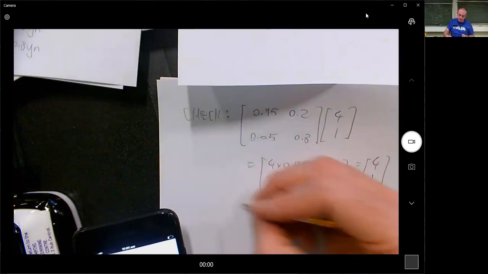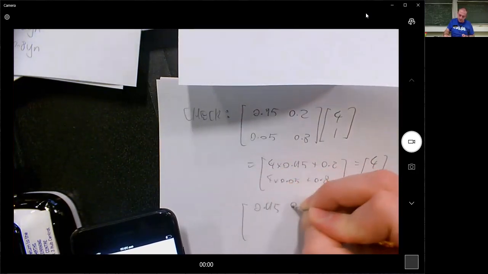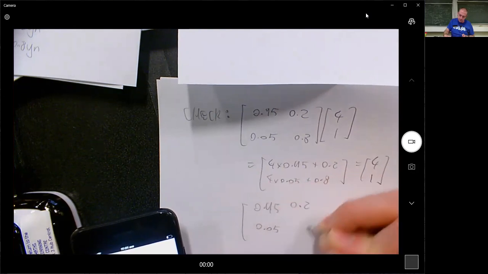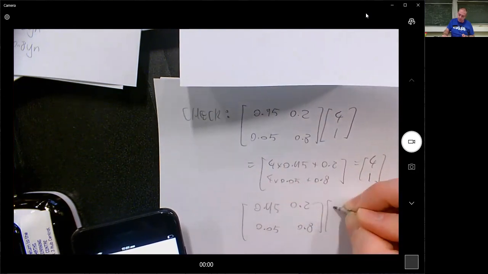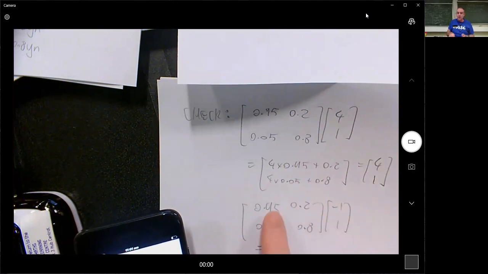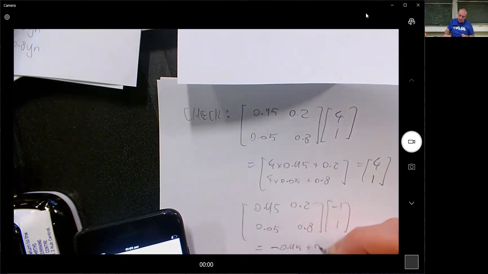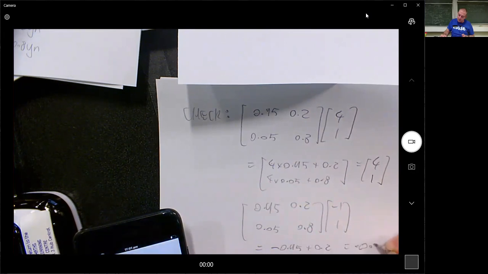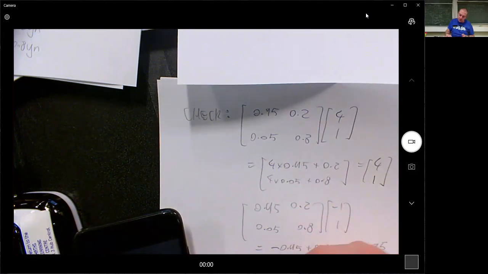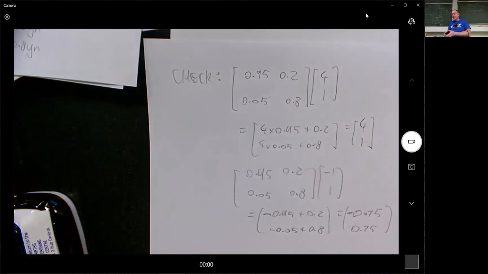Whereas with the other one, I got minus 0.95 plus 0.2, and that really is minus 0.75, and I've got minus 0.05 plus 0.8, and that really is plus 0.75, and that really is 0.75 times the original vector. Yes, okay, it works. It's not the worst plan to do that if you've got time.